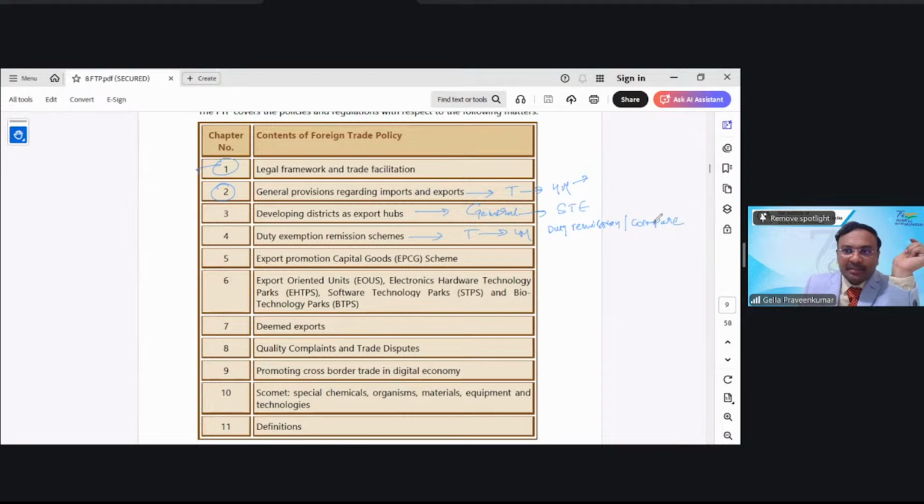So they may ask you a comparative: examine and compare AA versus DFIA. This is one theory question you can expect from your examination point of view.